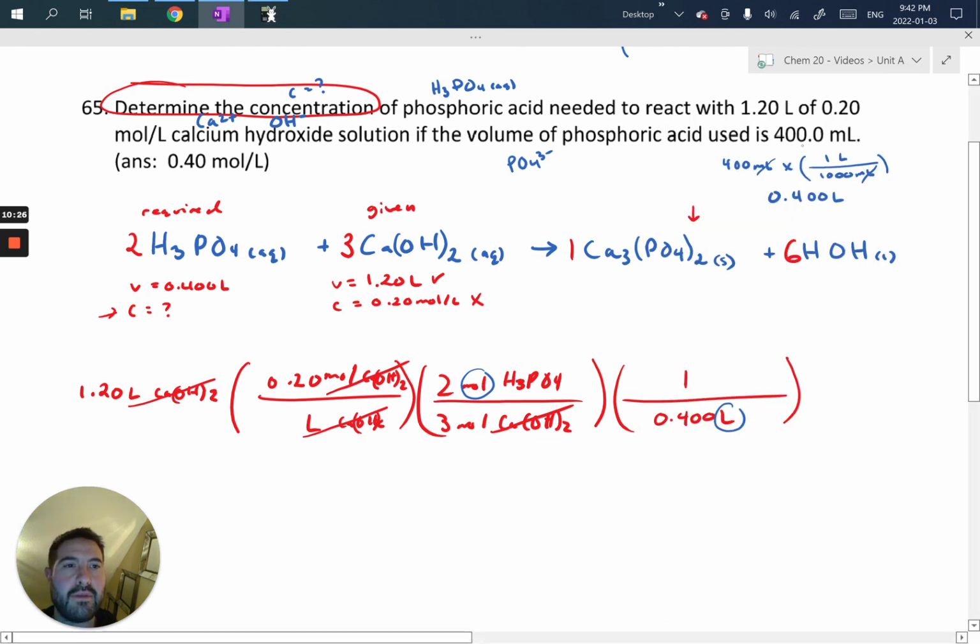I need to have 2 sig digs based on that molar concentration, so I'm going to end up with a concentration of 0.40 moles per liter H3PO4.